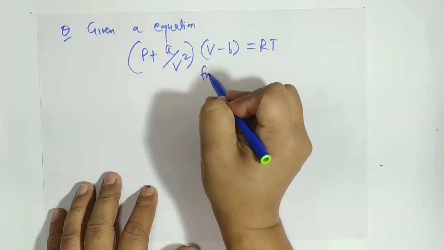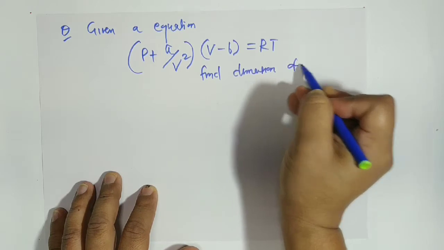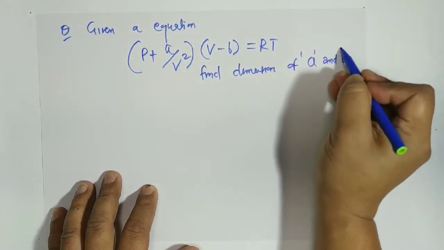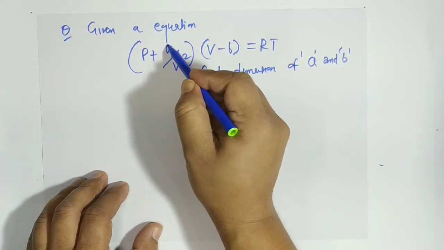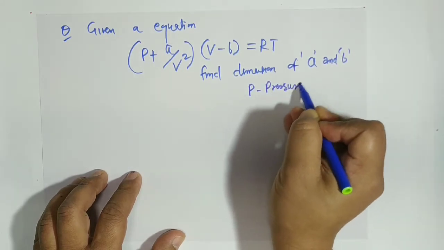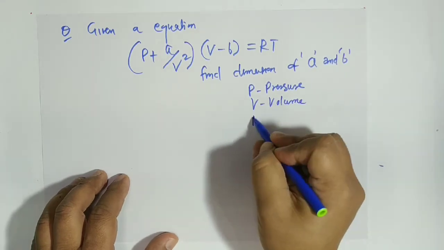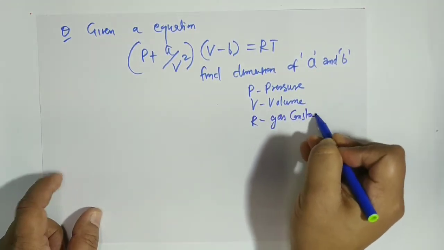Find the dimension of A and B. This is actually the van der Waals equation that will come in chemistry, but right now we are not concerned about the equation, we are concerned about dimension. P is pressure, V is volume, R is the gas constant, and T is temperature.